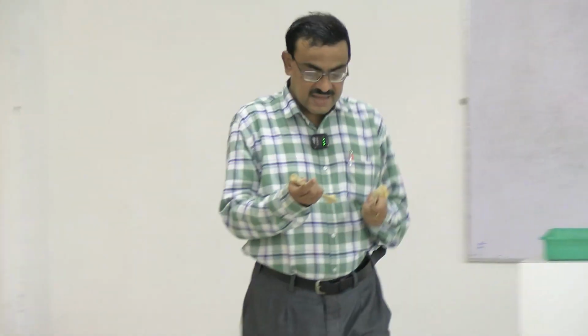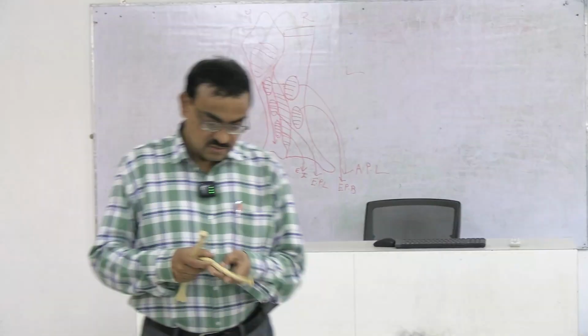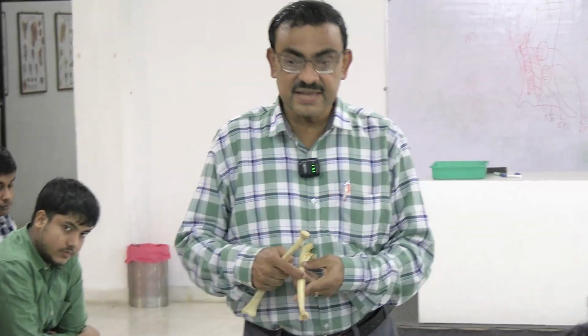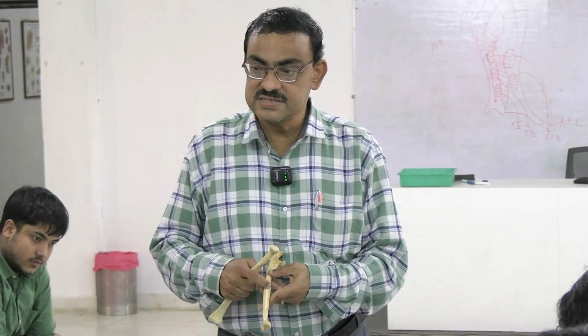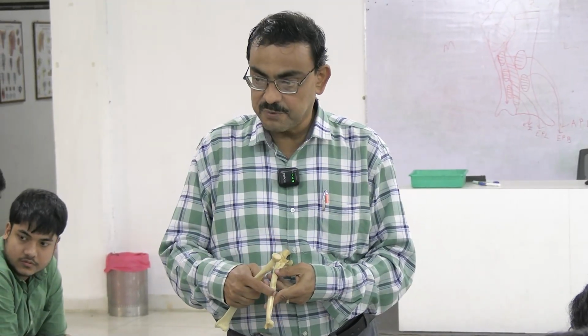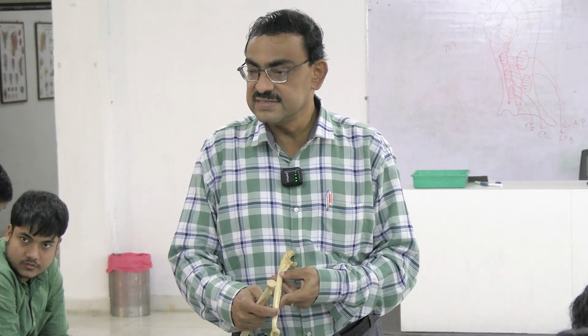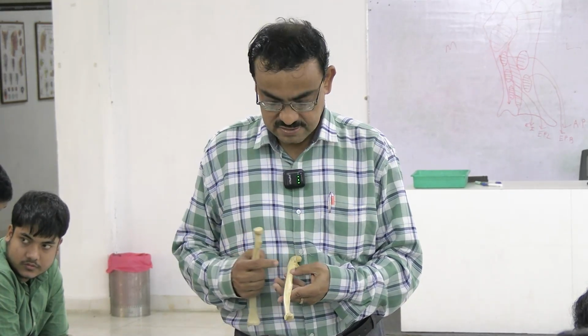So though this area appears very small, from above below we are getting abductor pollicis longus, extensor pollicis longus, and extensor indicis. There are three muscles.